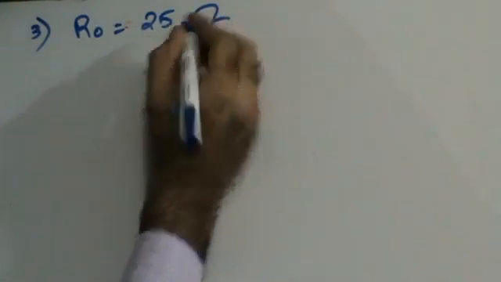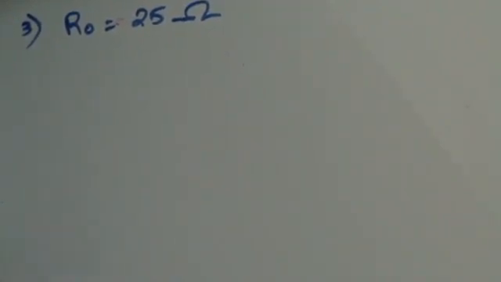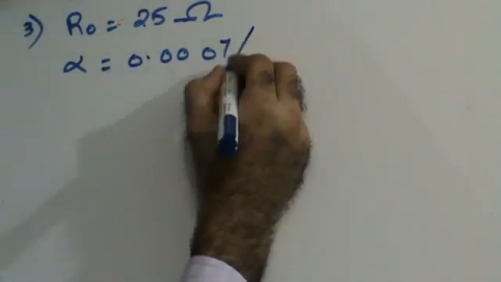The resistance of an alloy at 0 degrees is 25 ohms, and the temperature coefficient of the alloy is 0.0007 per degree Celsius.